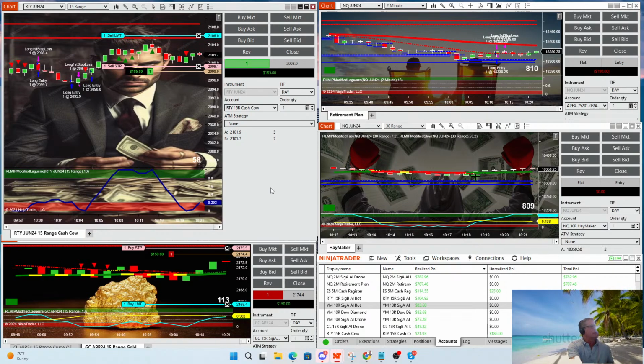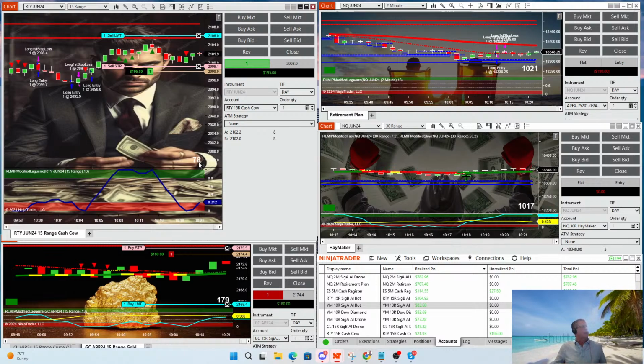Very low volume on that Dow. That's the problem. We're not getting much follow through with under 100 contracts a minute crossing.